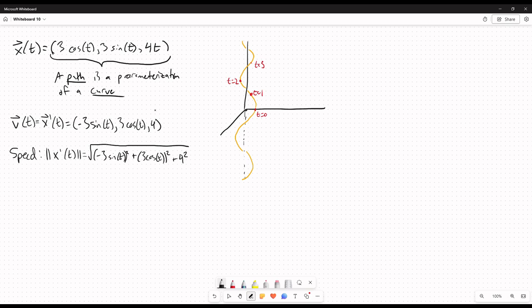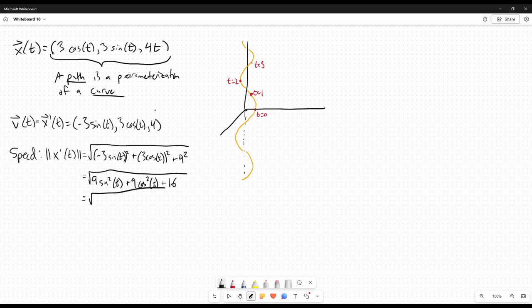And the good news is we can simplify this a little bit more, because we'll notice that we have 9 sine squared of t plus 9 cosine squared of t plus 16.